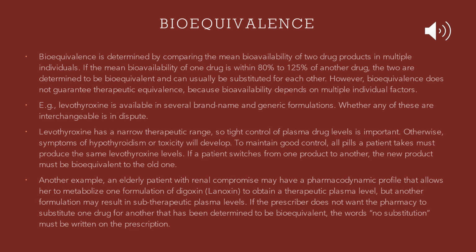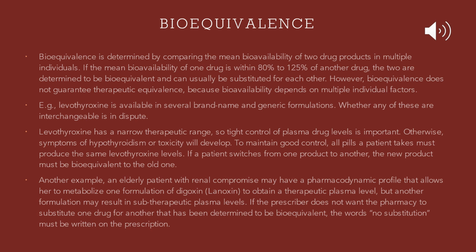Otherwise, symptoms of hypothyroidism or toxicity will develop. To maintain good control, all pills a patient takes must produce the same levothyroxine levels. Accordingly, if a patient switches from one product to another, the new product must be bioequivalent to the old one.